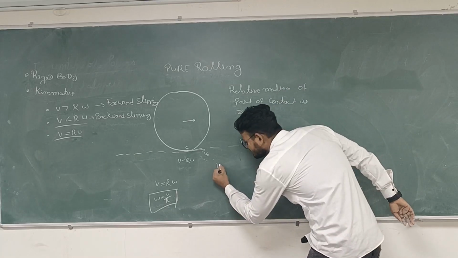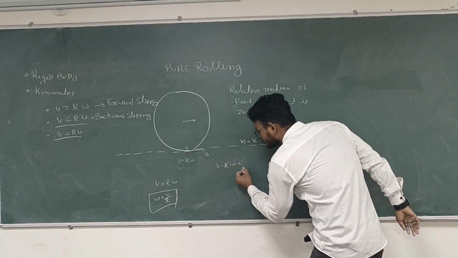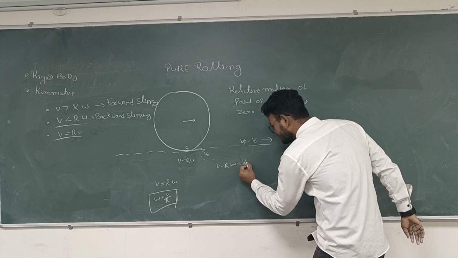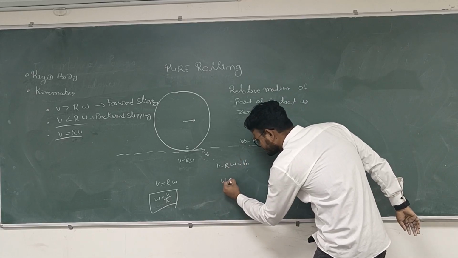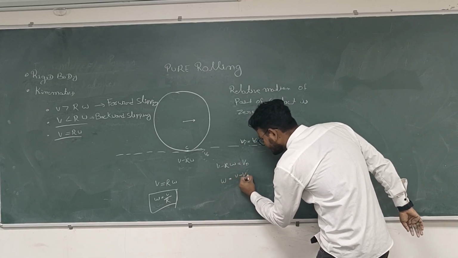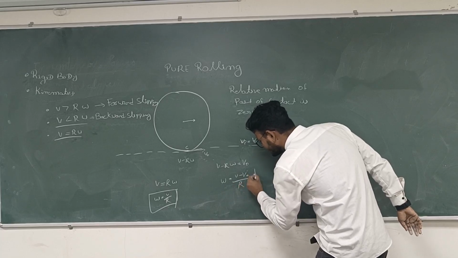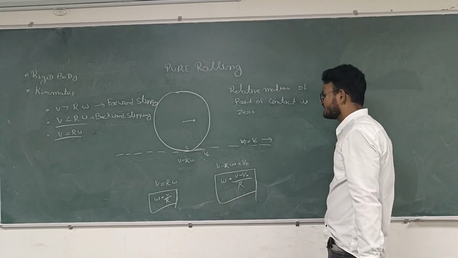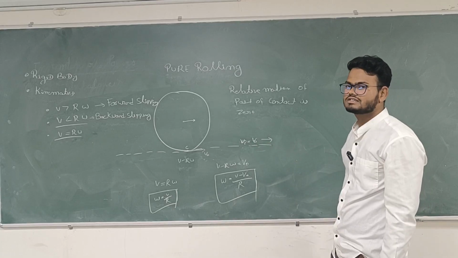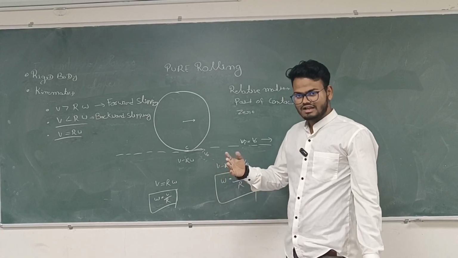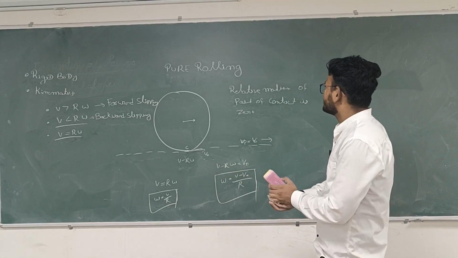So in this case, v minus r omega is not equal to 0, it equals v0. From here, omega equals (v minus v0) upon R. This is the condition of pure rolling when the platform is moving with some velocity. Now let's do a question.